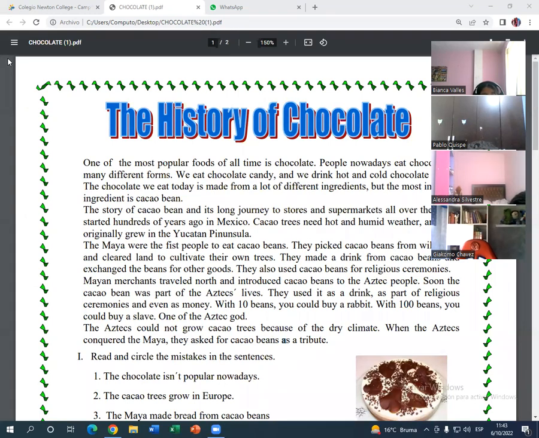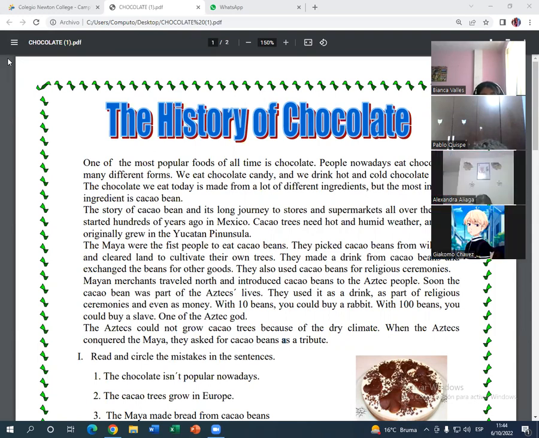They made a drink from cacao beans and exchanged the beans for other goods. They also used cacao beans for religious ceremonies. Mayan merchants traveled north and introduced cacao beans to the Aztec people.